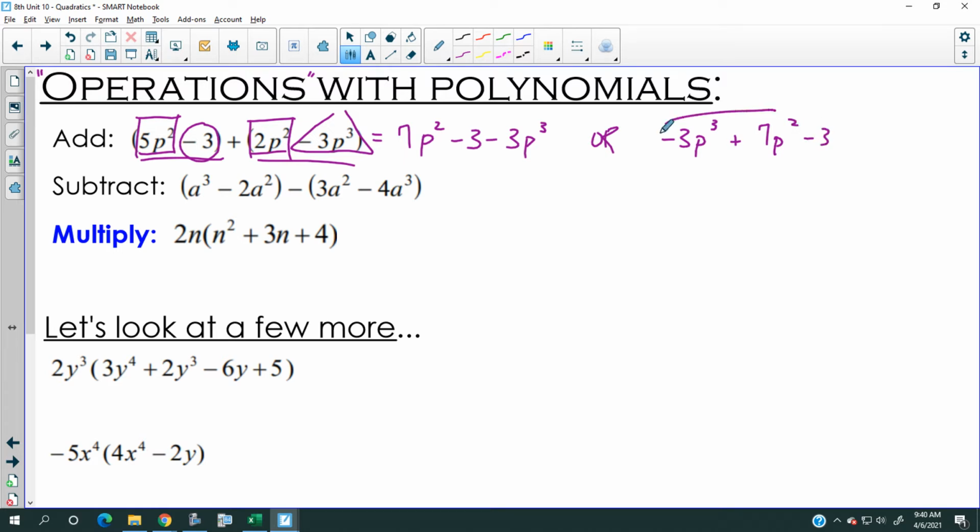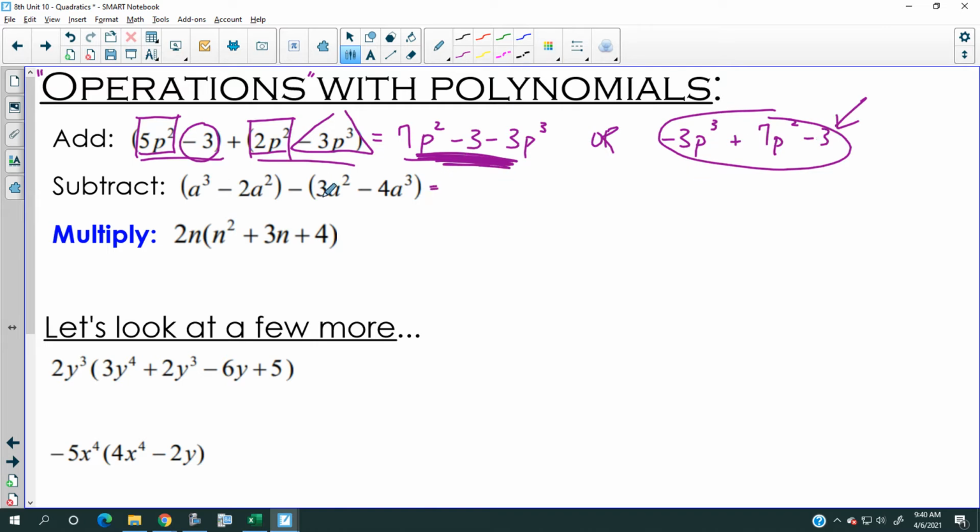One of the things I want to emphasize is that in 7th grade the expectation is that it's perfectly okay for you to write it the other way. Now your 8th grade math teacher would like you to write in standard form: highest power first, and then descending order. Keep that in mind.